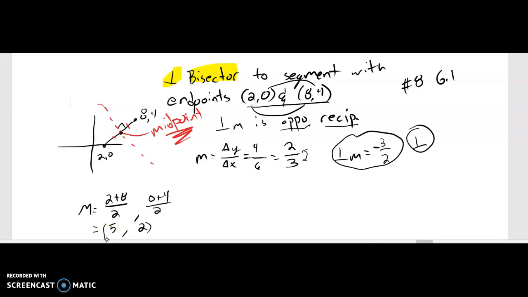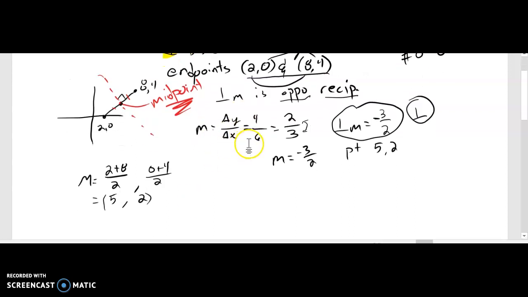So now we know that my slope is -3/2, and I know my point is (5, 2). Now to find the line, I can say that I want y equal to -3/2 times some x, plus something back here.